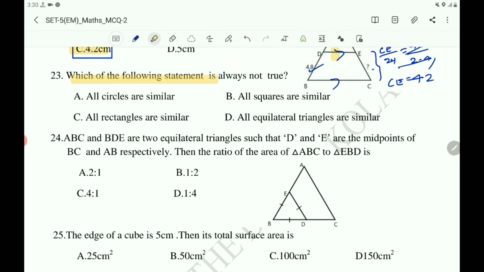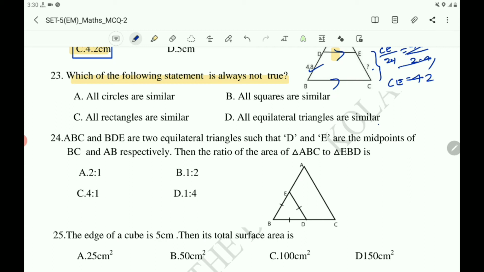Which of the following statements is always not true? Here what are the options? All circles are similar, all rectangles are similar, all squares are similar, all equilateral triangles are similar. Here you know that all circles are similar, all squares are similar, all equilateral triangles are similar, but all rectangles are not always similar.